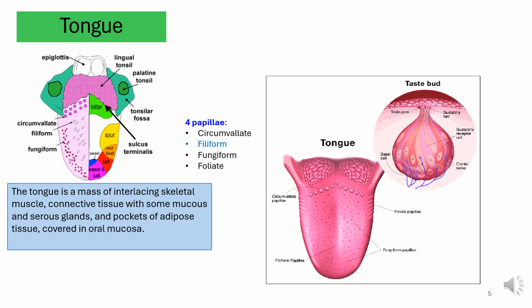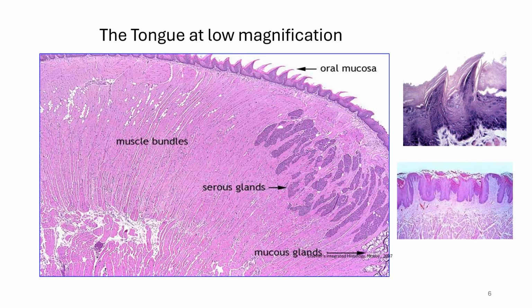Now, of course, on our tongue, you're going to have a lot of mucus and a lot of salivary glands. And because our tongue is quite a strong muscle, you'll find that there's only a little bit of adipose tissue. So here is a microscopic image of the tongue at low magnification.